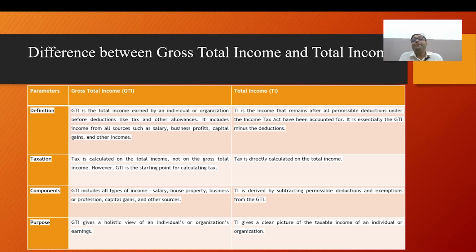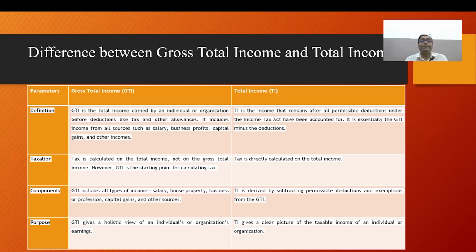Now, total income of a Hindu undivided family is the income that remains after all permissible deductions and tax have been accounted for. GTI minus deduction is equal to TI, total income.